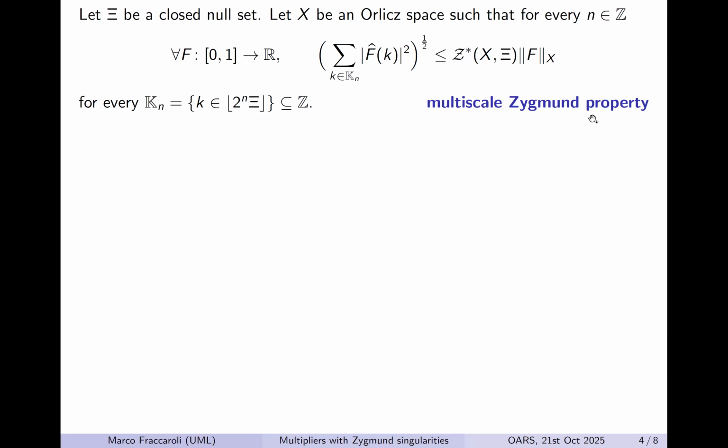And now this is called multiscale because we don't want this to hold only for a specific 2 to the n, but throughout all 2 to the n's. We want this constant Z*(X, Xi) to be finite. Okay, so suppose we are under this condition.